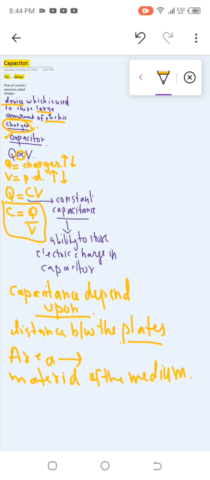If the material is a dielectric, the capacitance will decrease.